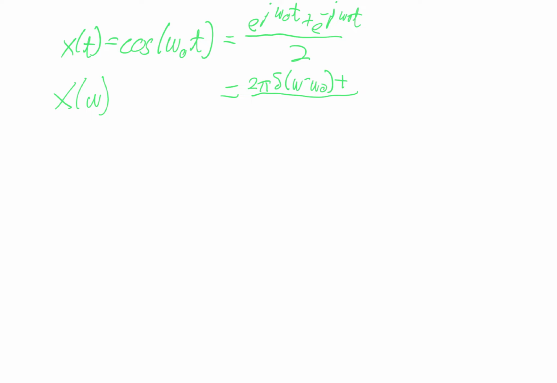And when we do the Fourier transform of the e to the minus j omega naught t, we have our impulse here, but it's at the frequency negative omega naught. So omega minus negative omega naught, because that's where the impulse is going to be. So omega plus omega naught, divide by 2, and we simplify a bit, and we are left with 2 impulses.